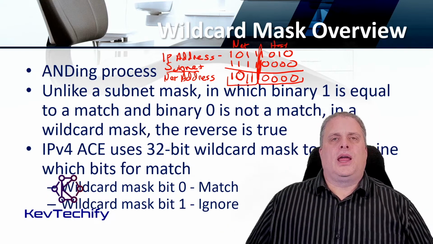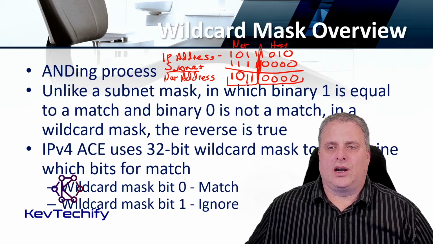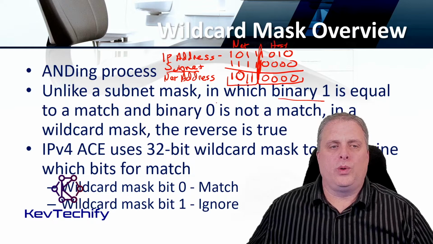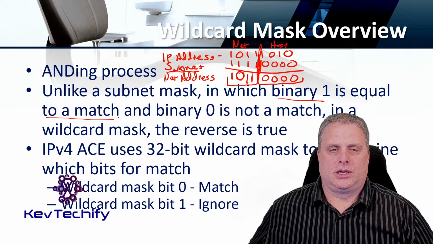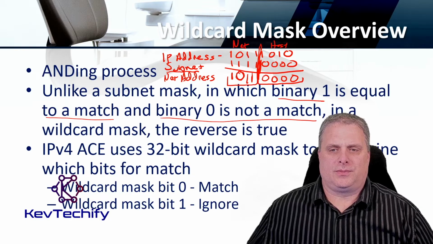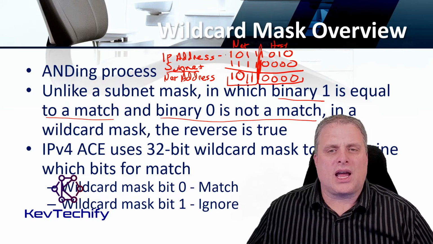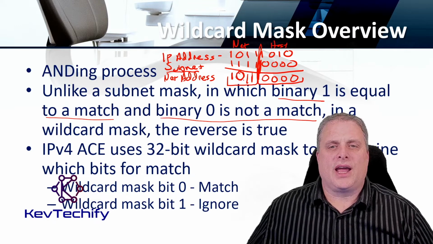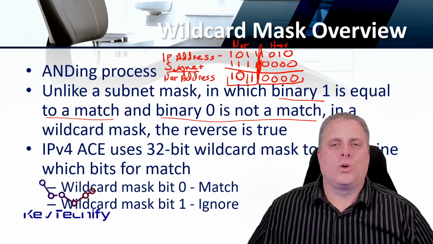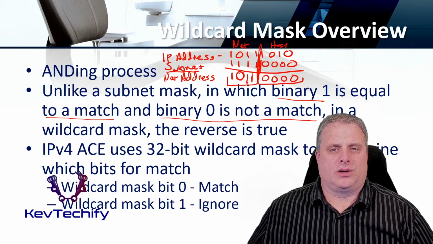When we do a wildcard mask, the binary 1 is equal to what we want to match, where the binary 0 is not a match. So the binary 1 was matching, and so in this host IP address, in this network address, we wanted to match the host portion, right? We wanted to match that host portion.